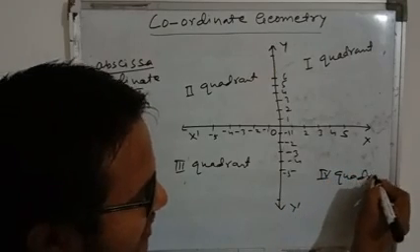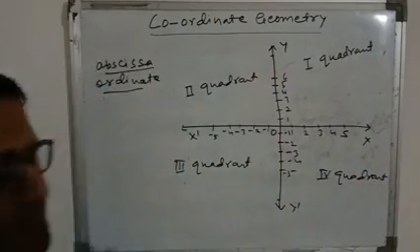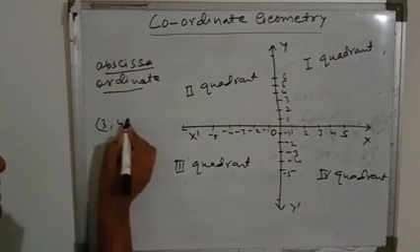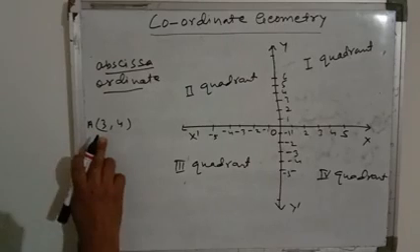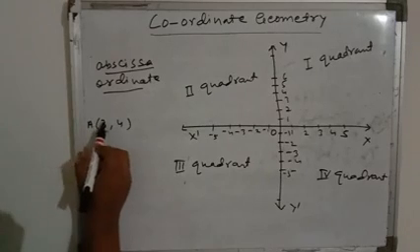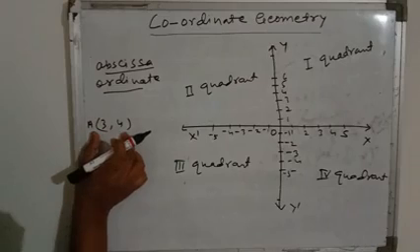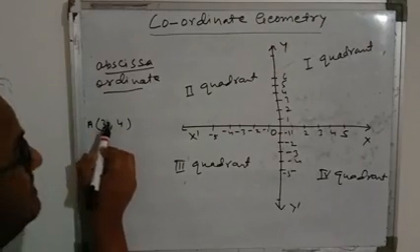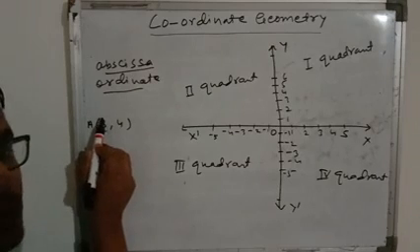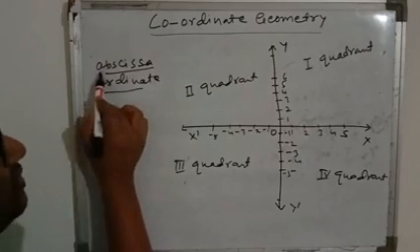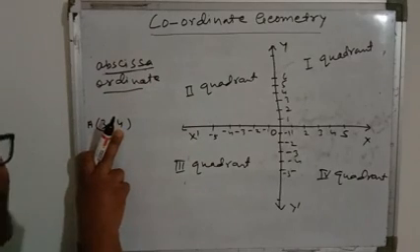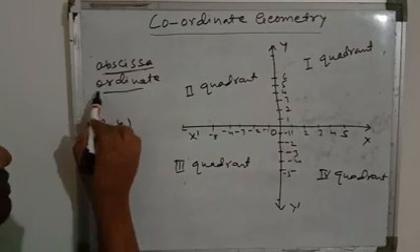And you know that when we represent a point, suppose one example, 3, 4. Suppose point A is 3, 4, which is called an ordered pair. The value of x, this first number, 3, is called abscissa, and the second value, this 4, is called ordinate.